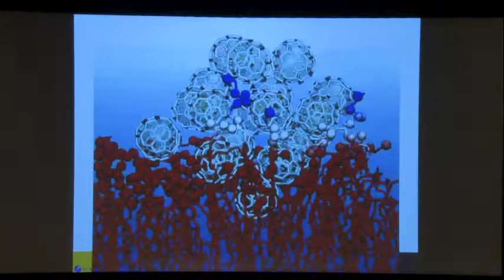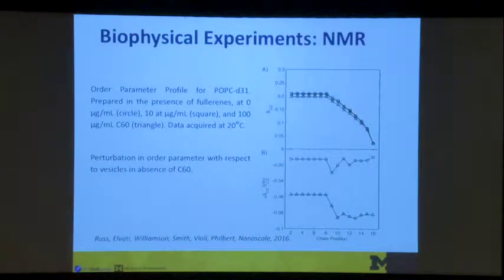And so how do we validate those kinds of simulations? With experiment. My MD will take the nanoparticle and show that it goes through the membrane. And this is an experiment that was done with NMR. The point is to show you in a simple way the order of the tails in the membrane. If you don't have any nanoparticles, this is what you should see.